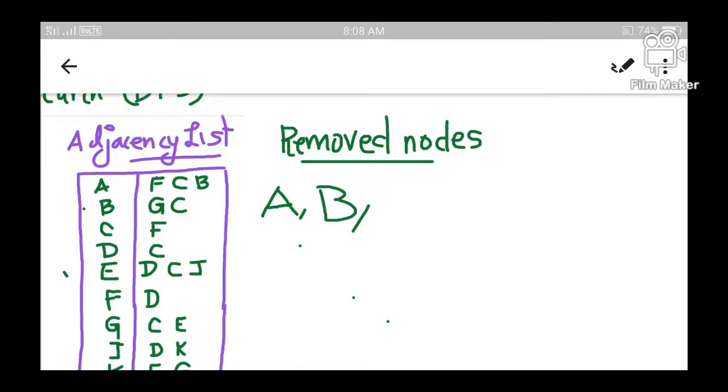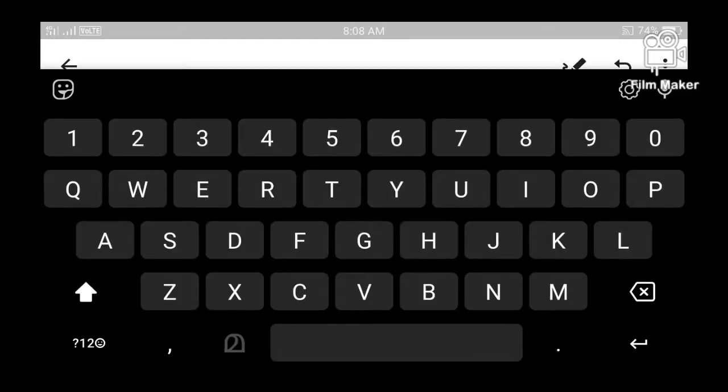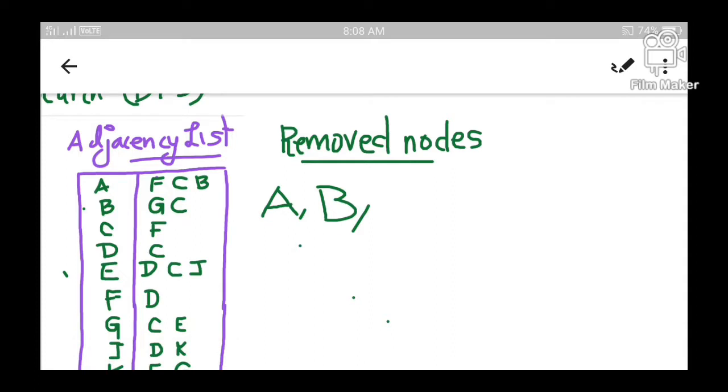So what all are adjacent to B? G and C are adjacent to B. Let me push these two nodes, but remember C was already pushed, so it need not be pushed again. Remember, you can push a node only if it is to be inserted for the first time. A node which is already visited cannot be pushed again and again onto the stack.